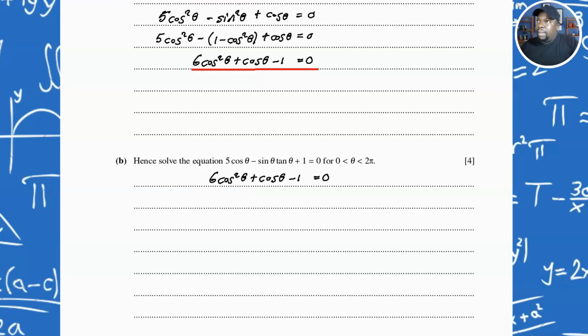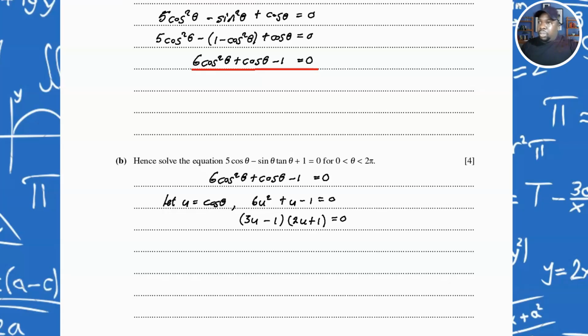So I'll say here, let u be equal to cos theta, such that therefore we'll be having 6u squared plus u minus 1 equal to 0. We can try to factorize this to see if we can get something out of it. Here I'll have 3u and 2u and 1 and 1, and this should be a plus and this should be a minus.